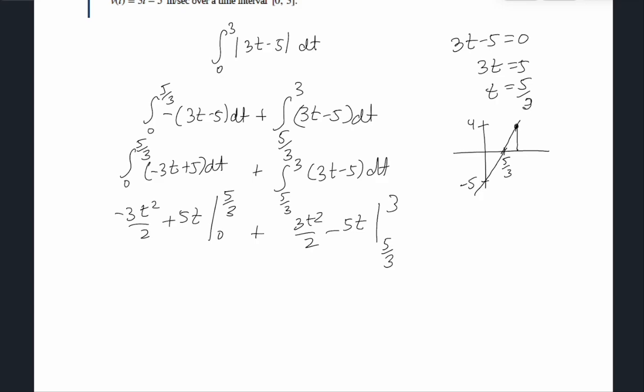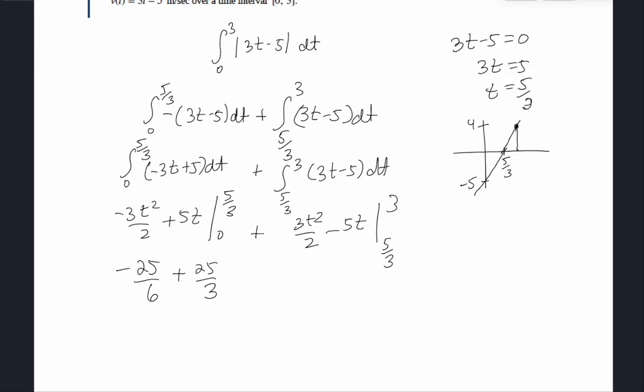So if you stick in 5/3, you're just going to have to trust me a little bit. But if you stick in 5/3, you get, oh shoot, okay, so you get 25 over 6 plus 25 over 3 minus 0.